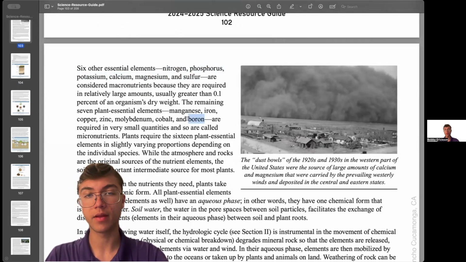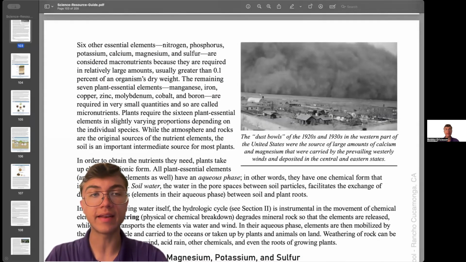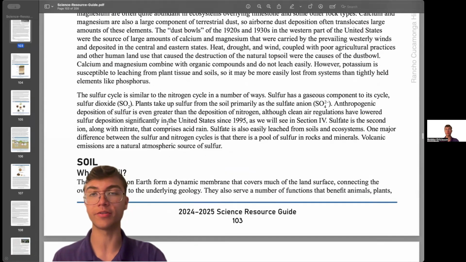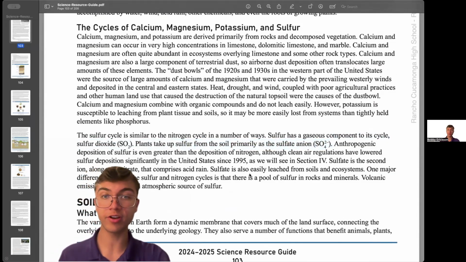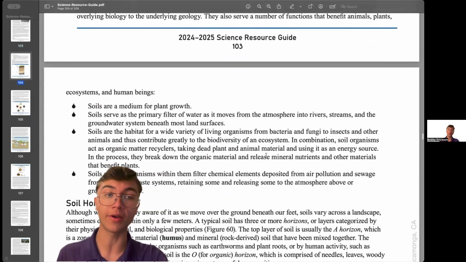So we have a lot of these different needed essential elements, and a lot of these will come from the soils. For example, sulfur comes from the soil as sulfate anion. Nitrogen is the same thing. Deposition of nitrogen goes into the soil.